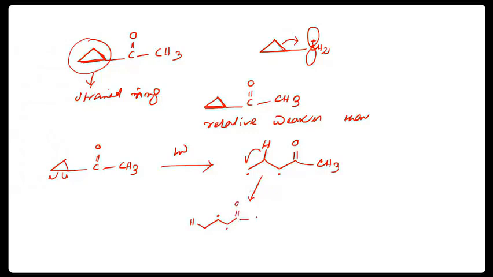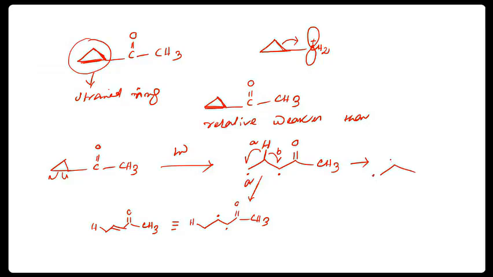C double bond O, CH3. It is nothing but this molecule. Now, if it migrates to this center, that is path A; then by path B, we'll have these things.